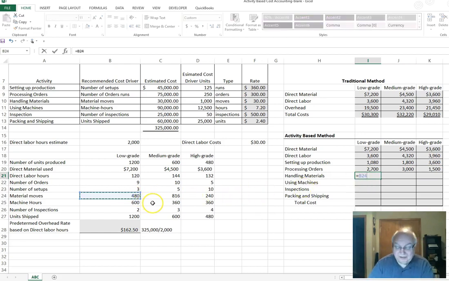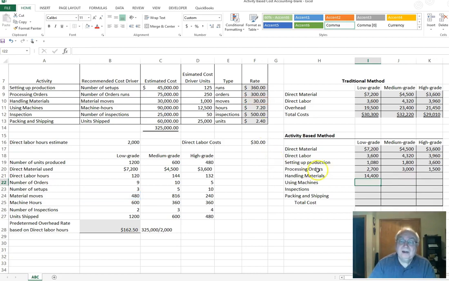Okay, that's based on material moves, and that will be times the 30.